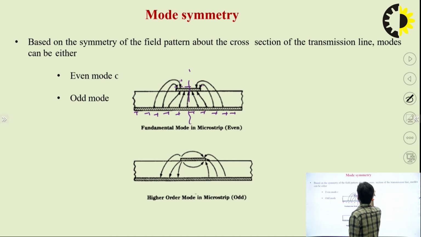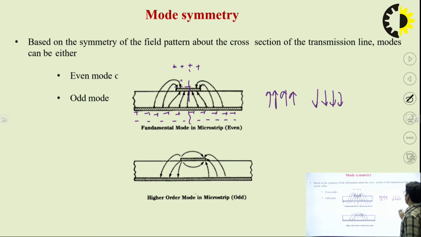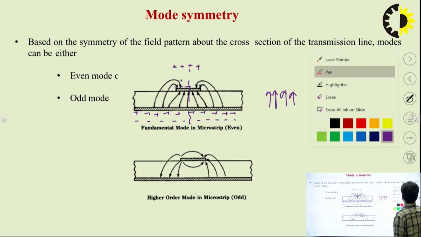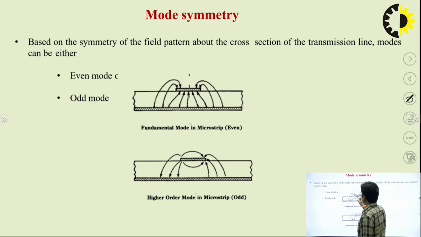Or we can write it in reverse: the microstrip line has positive, and correspondingly we can take negative as well, right? So in the fundamental mode the field always goes upward or downward, like in this fashion or in this fashion. So this one is the even symmetry mode.